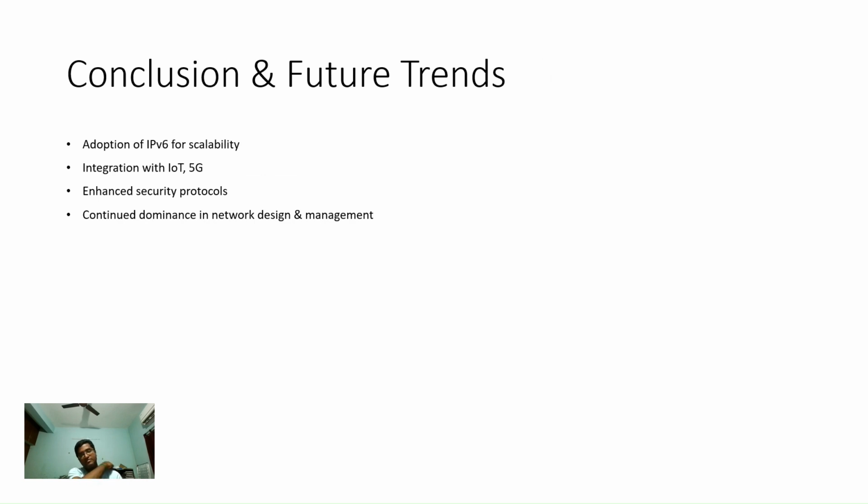So this kind of future trend integration is also widely possible, along with enhanced security protocols, and the continued dominance in network design and management. So this could be the big conclusion on future trends.